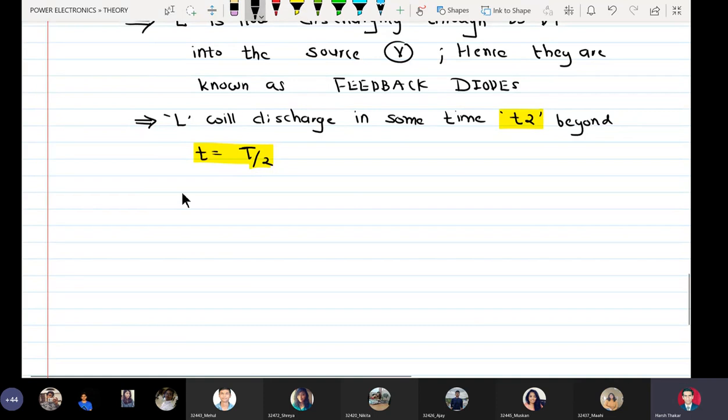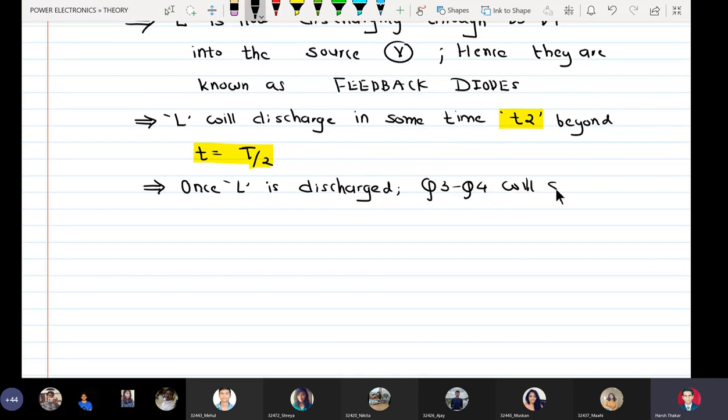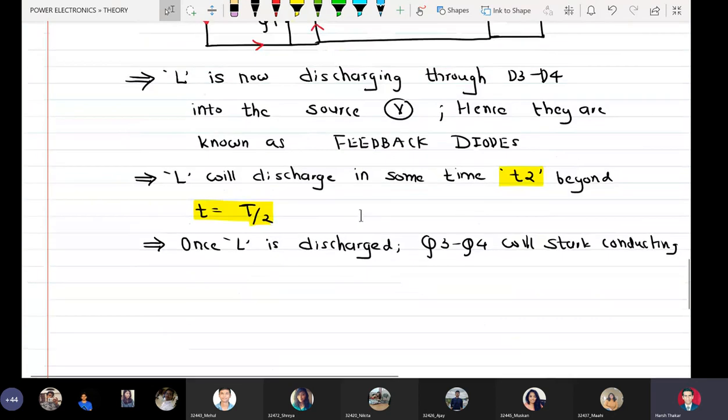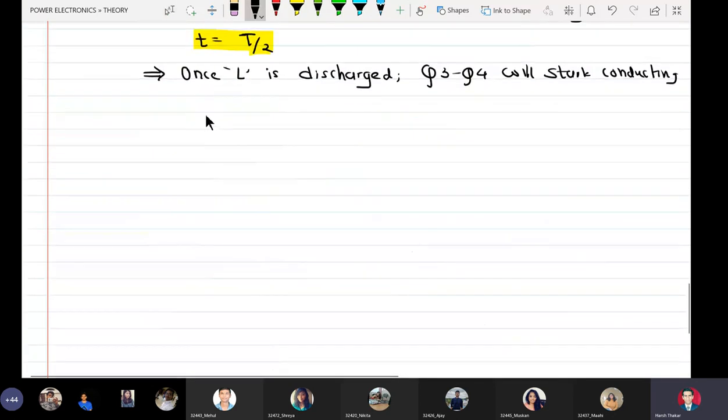What will happen after that? Once L is discharged, Q3, Q4 will start conducting. The equivalent circuit in this case will be like this.